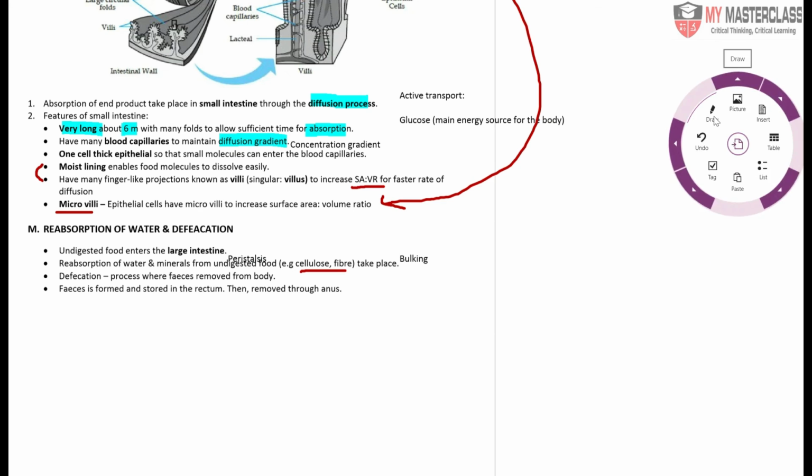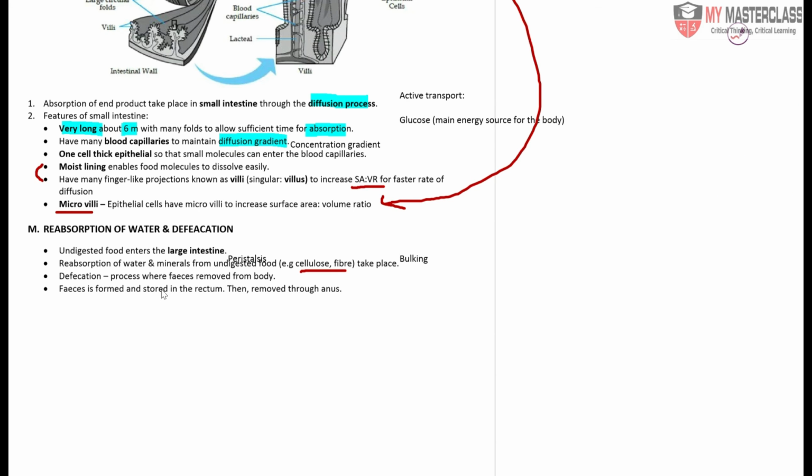If it is not time yet, or the person is not ready to go to the washroom, it will be stored in the rectum temporarily and then removed through the anus. The removal through the anus is called egestion. Some schools will use this term egestion, some schools will only introduce this at upper levels. So if your school does not use this, you don't have to worry too much about it.